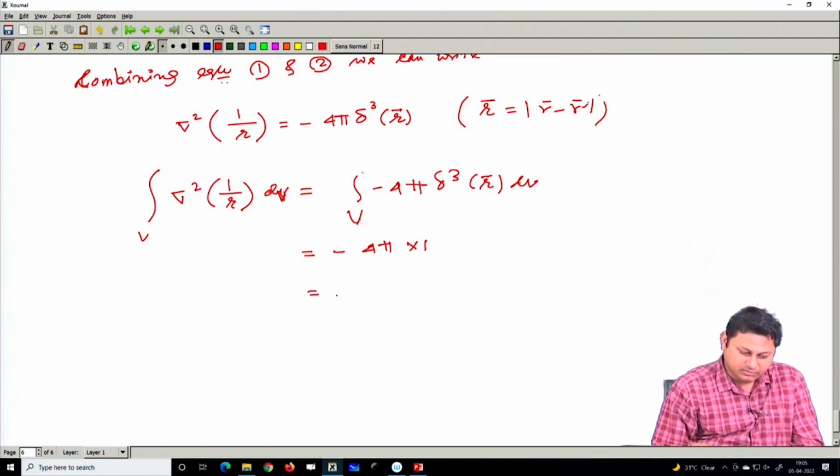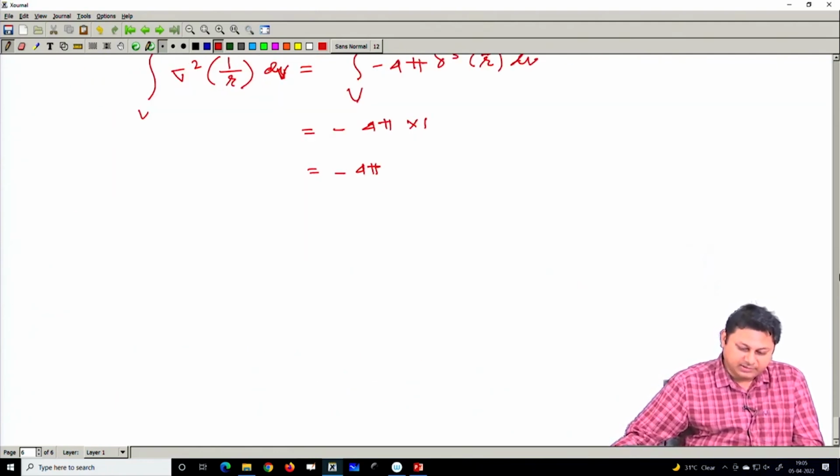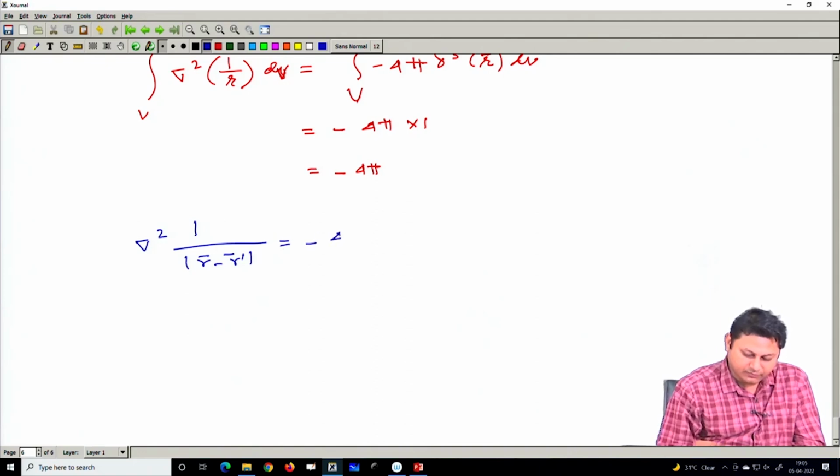So, I will get minus 4 pi, which is equation 2. So, that means I have a very important expression here, and that is del square 1 by mod of r minus r prime is equivalent to minus of 4 pi delta cube r minus r prime.